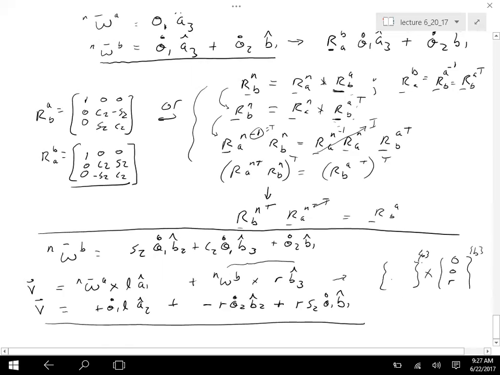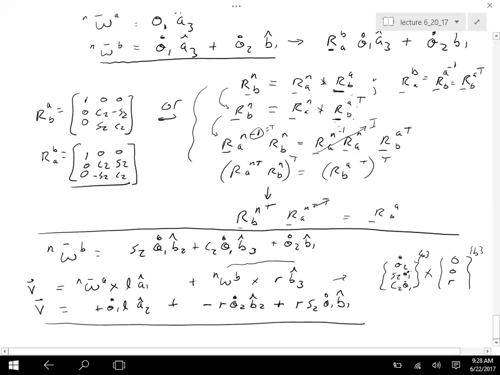And the omega was theta 2 dot, sine theta 2 theta 1 dot, cosine theta 2 theta 1 dot. Then I cross term by term. So there's only the B3 term. So theta 2 dot from the B1 cross the B3, so we get a B1 cross the B3.